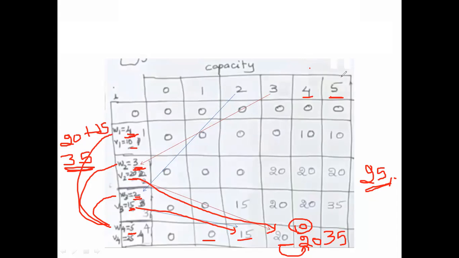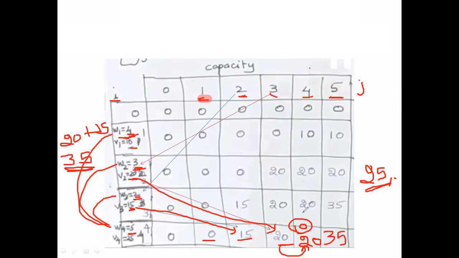So this is the way you have to fill the rows and columns. Okay, this is a simple method. By using the formula, you have to find each time the I value, this is the J value, this is the I value and the weight value, everything you have to calculate and put the value.